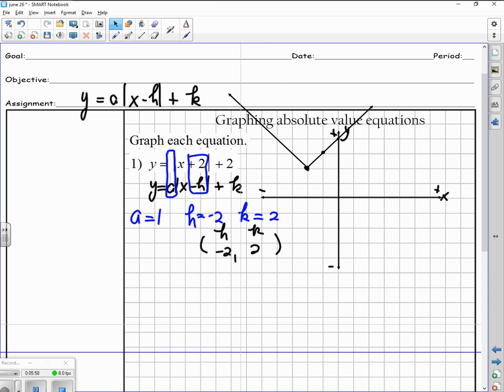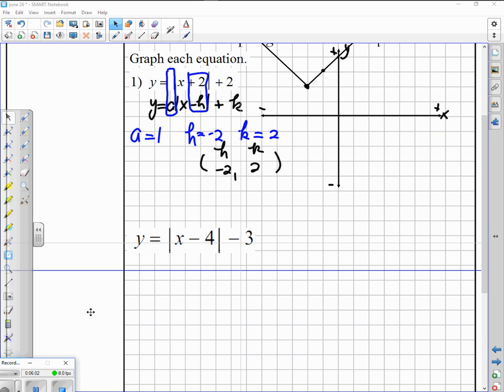Now let me do a second example. Once again, right underneath the given equation, I'm going to write y is equal to a absolute value of x minus h, and then plus k. So this is my a value.